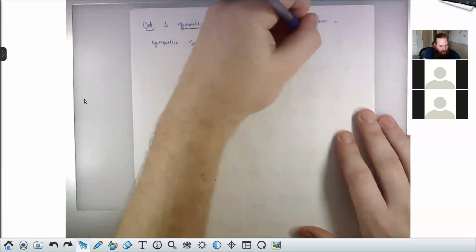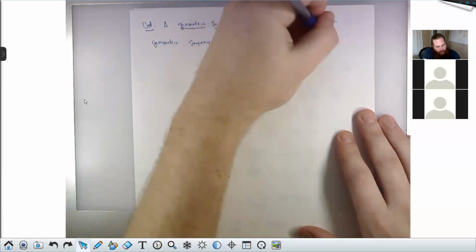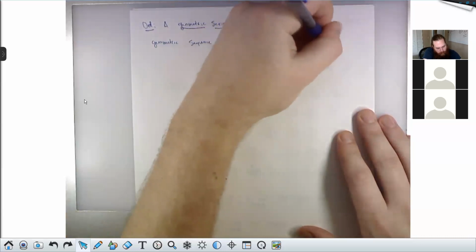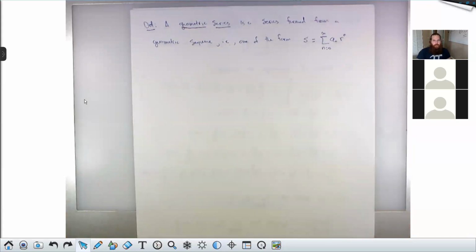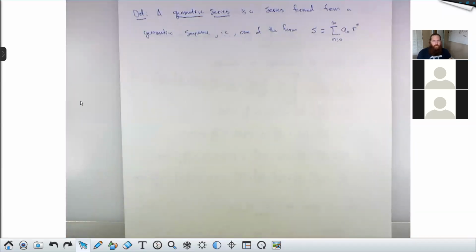So something like S equals sigma n from 0 to infinity, a0 r to the n. These are geometric series, sums of geometric sequences. Yeah, absolutely, Simon. I will show you at least one example of thinking of series in terms of geometry. And there are some cool shapes, some nesting things, some fractalish things.